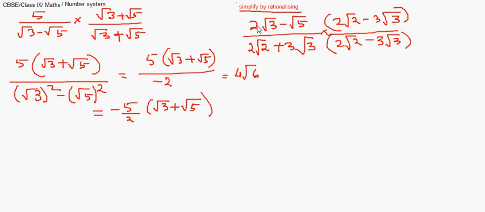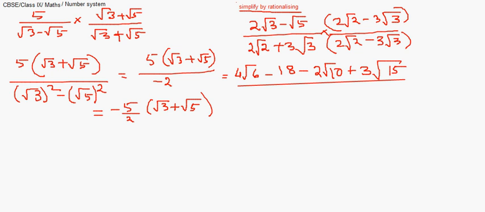Again, 2 root 3 multiplied by 3 root 3 gives 18. Again, minus 5 multiplied by 2 root 2 gives 2 root 10. Again, minus 5 multiplied by minus 3 root 3 becomes plus 3 root 15.